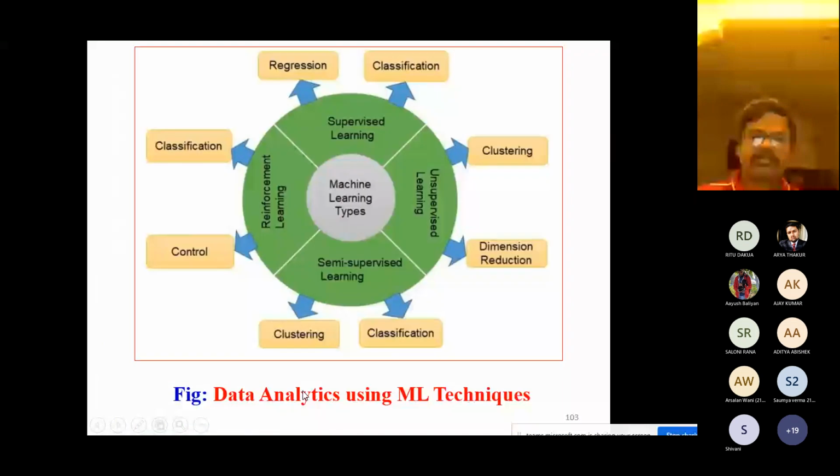So data analytics using machine learning techniques like regression techniques, classification. Under supervised learning, regression and classification techniques. Under unsupervised learning, clustering and dimensionality reduction. Semi-supervised learning, clustering, classification. Classification and control under reinforcement learning.